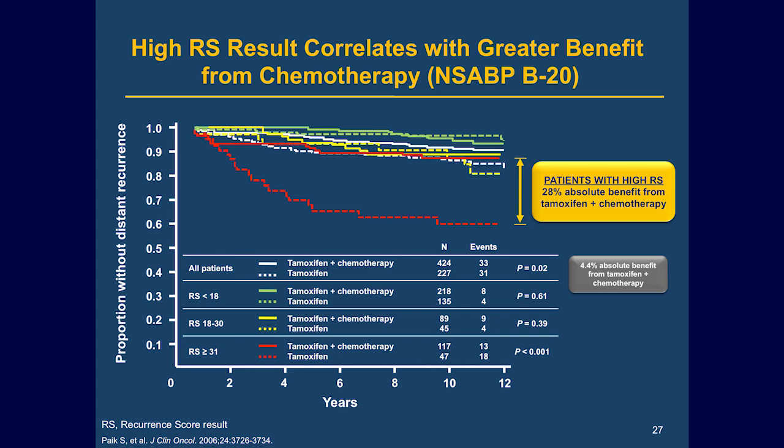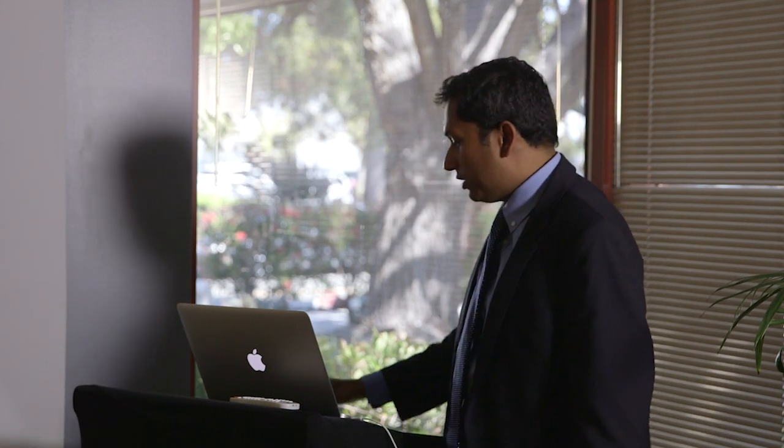Clearly, it fulfills the statistical thumb rule, where if patients have a high recurrence score, you can give them chemo, and there is significant benefit in reducing your risk of recurrence, okay? And that's where this test becomes very important. But we knew that in the setting of lymph node negative disease. What about lymph node positive disease?